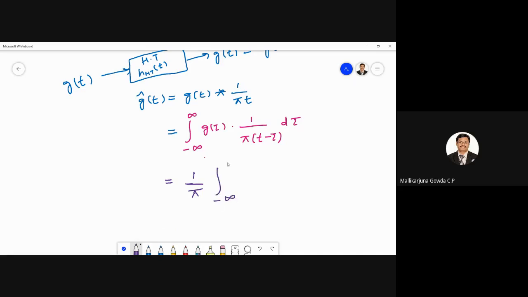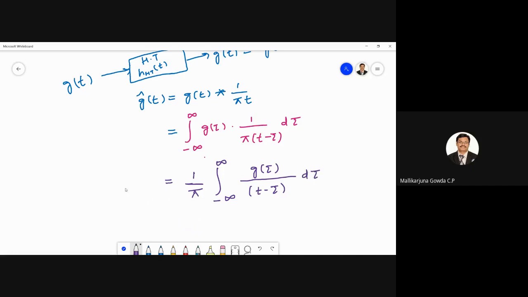Integral from minus infinity to infinity g of tau into 1 by t minus tau, or I can say g of tau divided by t minus tau into d tau.